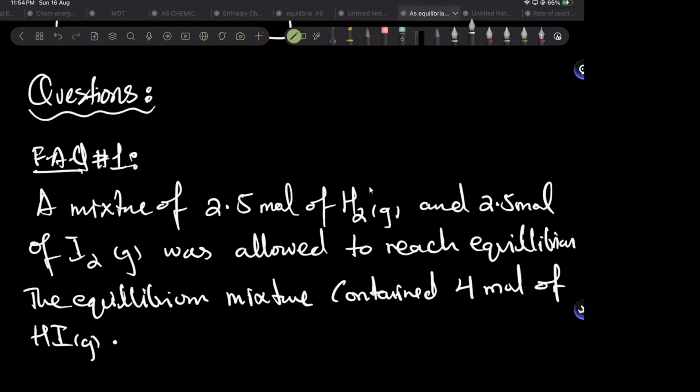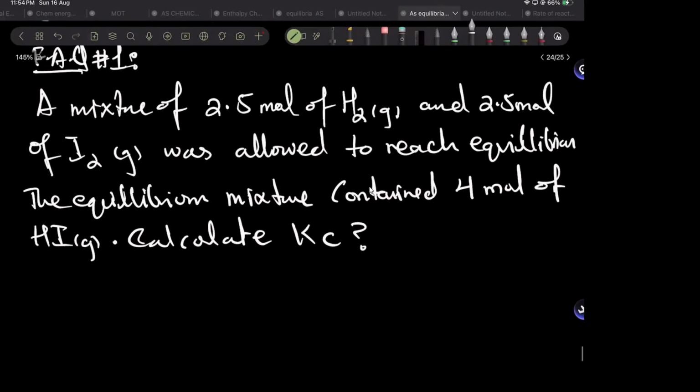Calculate Kc. Now it says to calculate Kc. Now, first of all, I need to give you the equation.